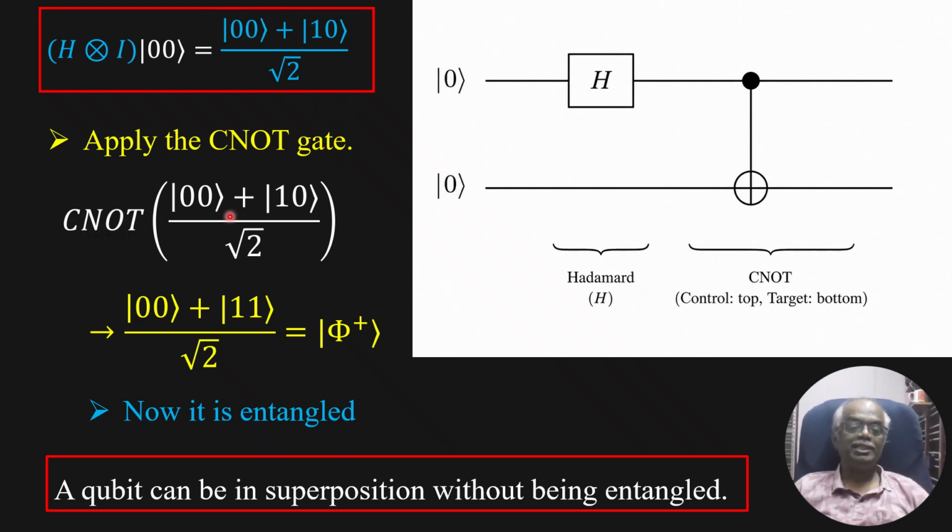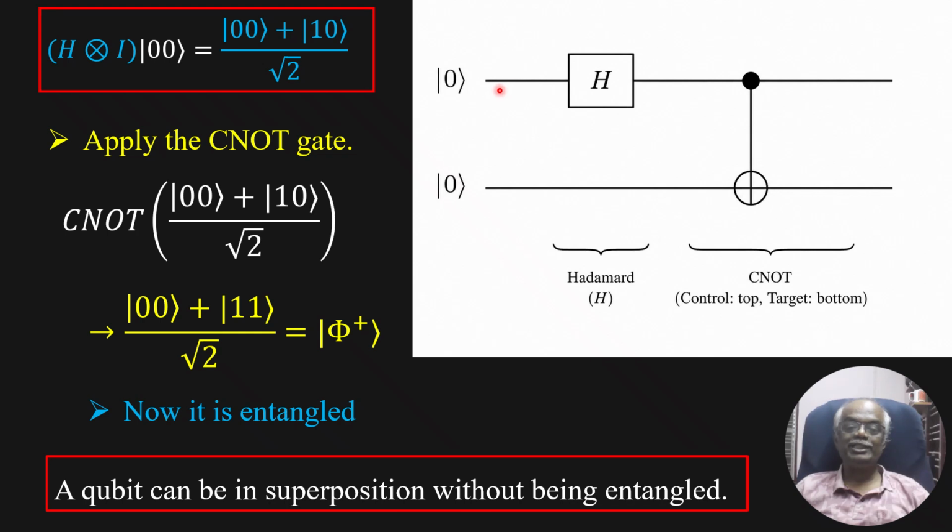That is CNOT of this ket vector |00⟩ + |10⟩ over √2. CNOT I have explained. If the first bit is 0, it will do nothing on the second bit. If the first bit is 1, it will invert the second one. That is, you will get (|00⟩ + |11⟩)/√2.